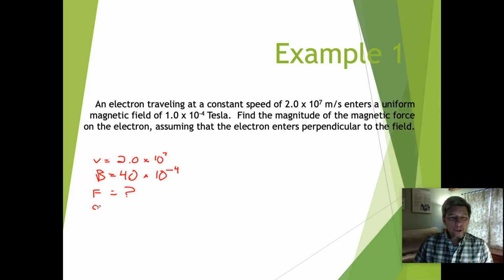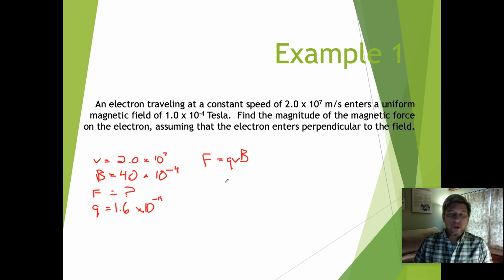The other thing that we need to know, because remember, F equals Q times V times B, is that the charge on a given electron is 1.6 times 10 to the negative 19th.